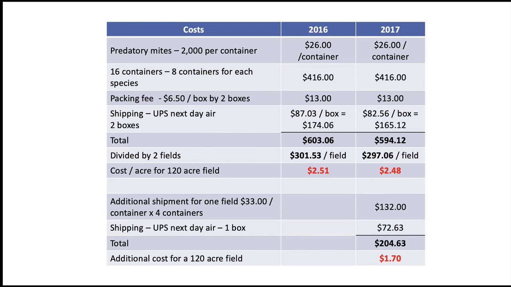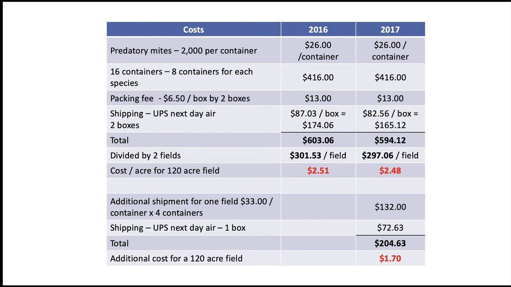The packing fee was $6.50 per box by 2 boxes, one for each different species. And our shipping cost was between $174 and $165. And so our total for 2 fields was $603 in 2016, roughly $594 for 2017.